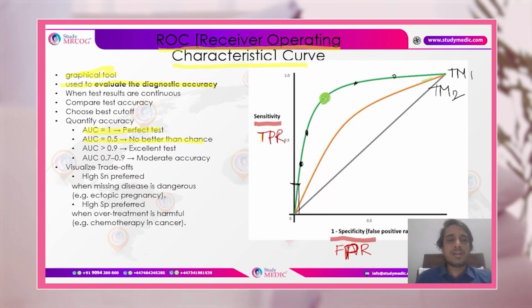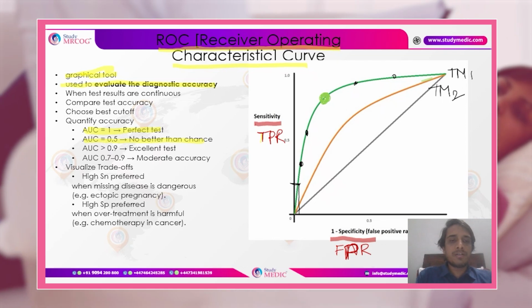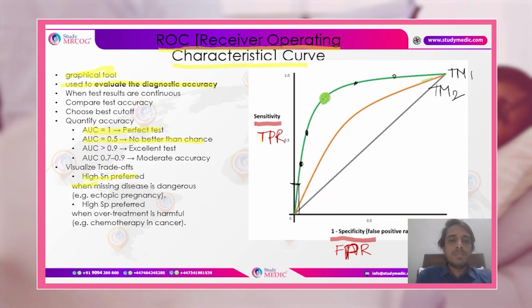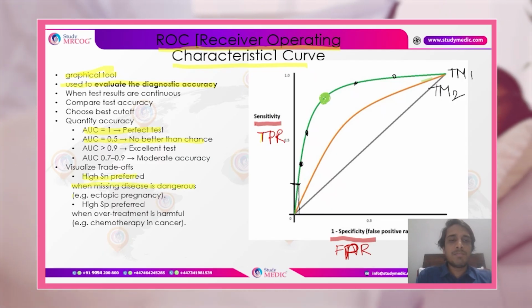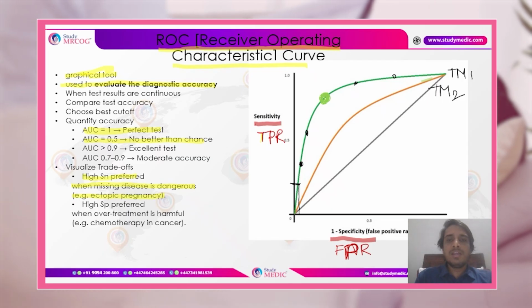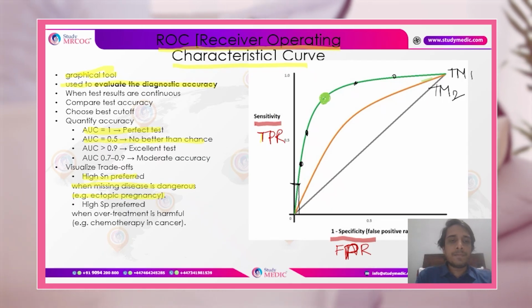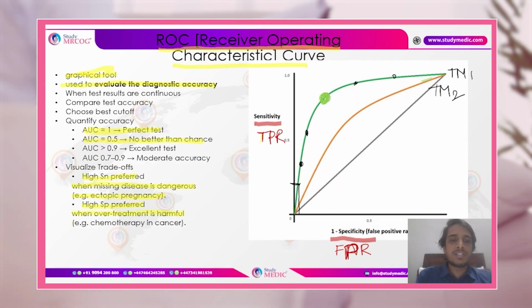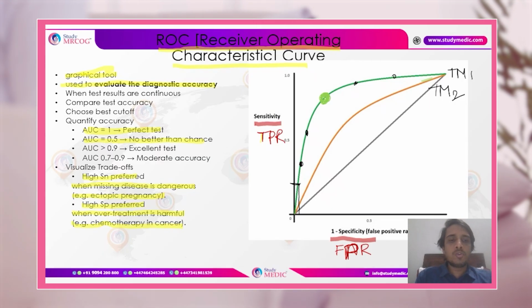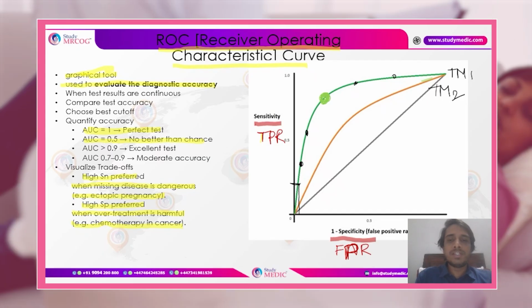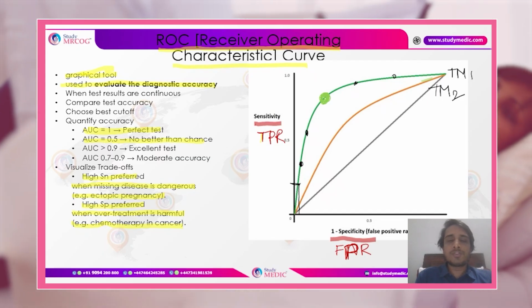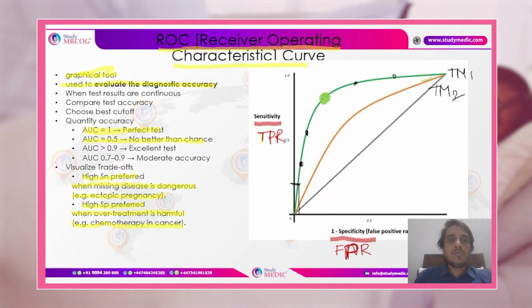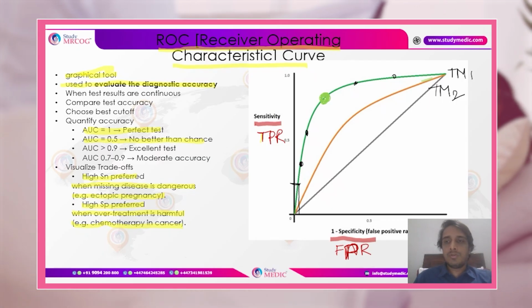High sensitivity is preferred when missing disease is dangerous, for example ectopic pregnancy; we prefer a higher true positive rate. Whereas high specificity is preferred when overtreatment is harmful, for example chemotherapy in cancer; then we choose a low false positive rate. This is how we use the ROC curve to evaluate diagnostic accuracy.